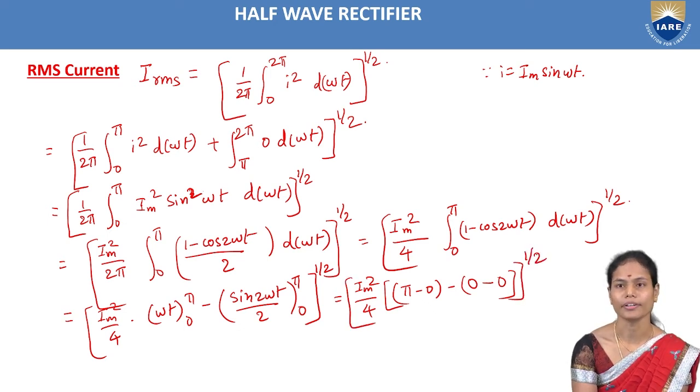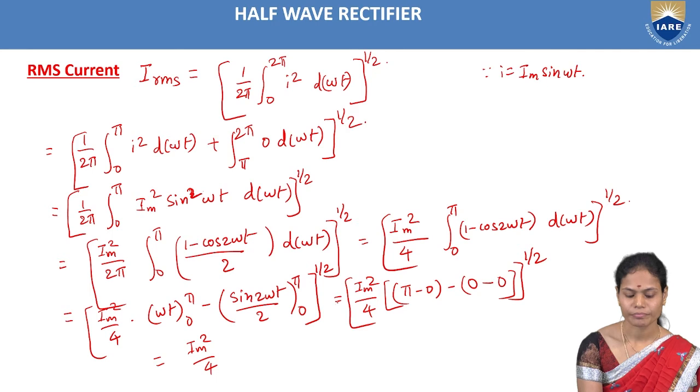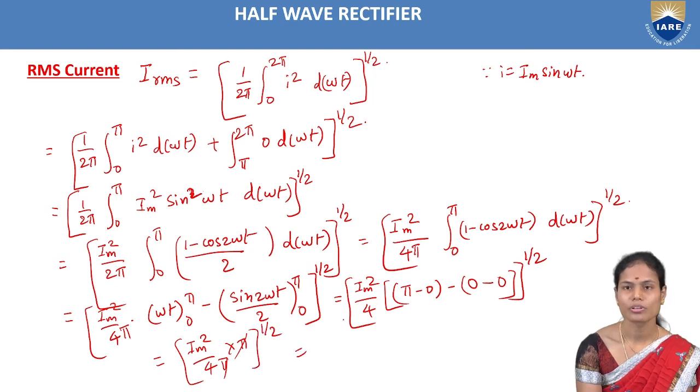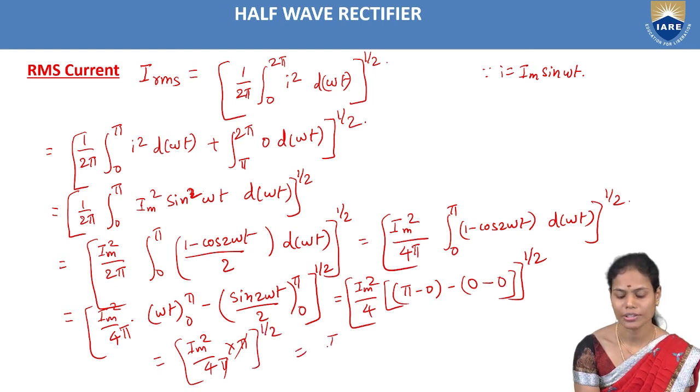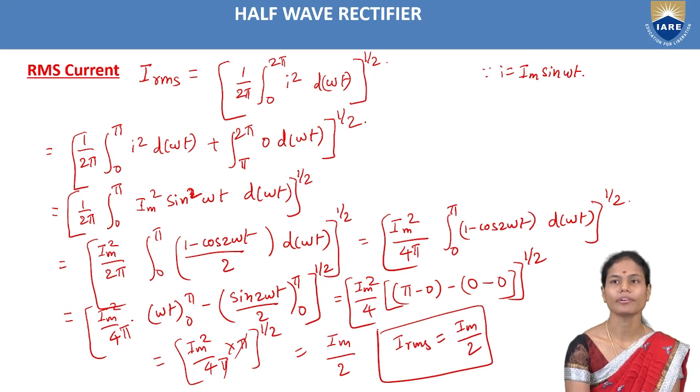And under root, we will be getting Im square by 4 into pi, into pi. So overall under root. If you apply the under root to this, we will be getting Im by 2. So IRMS value we are getting here is Im by 2 in the case of half wave rectifier.